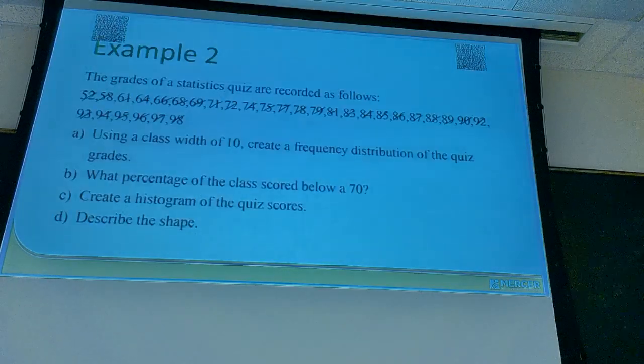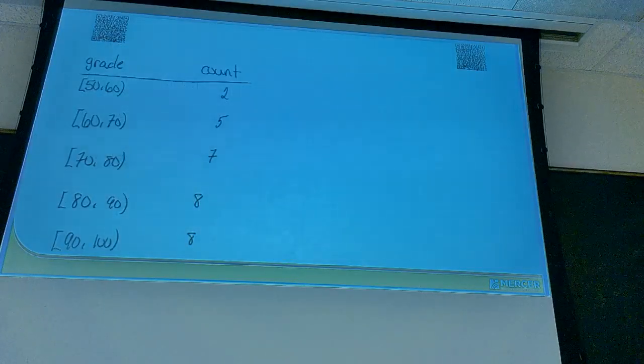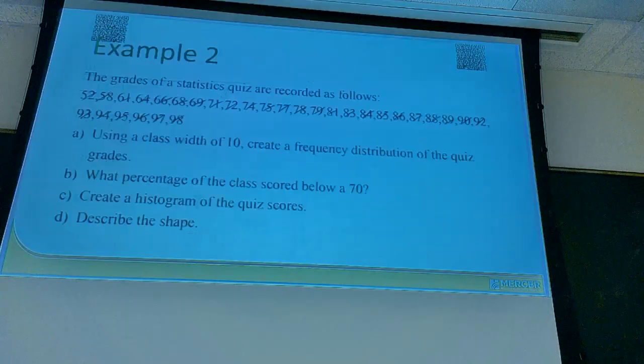Part B is asking what percentage of the class scored below a 70. So again, interpret that. What does below 70 mean? Less than 70. That'd be these two classes here, right? So there's 7 out of, they didn't tell us how many scores there are.